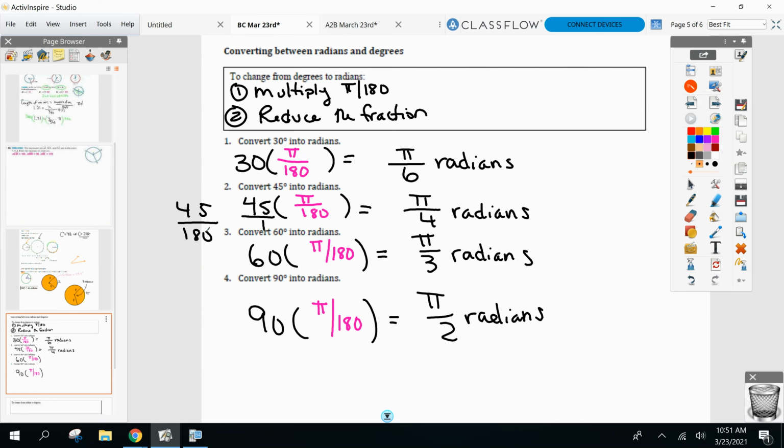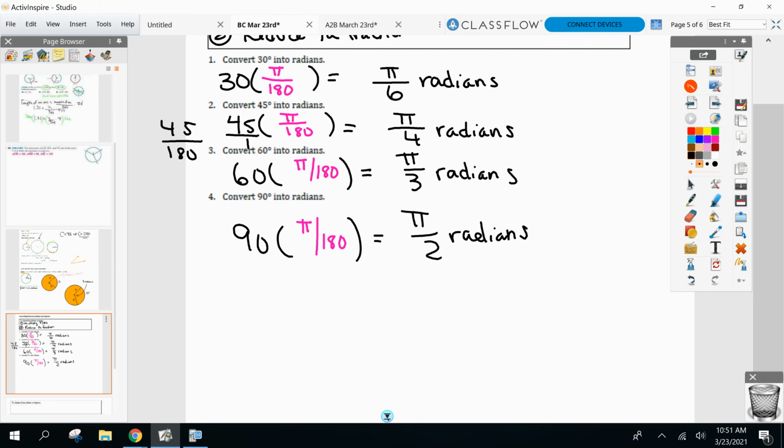Radhika? How would you solve it if it was like 2 pi? Okay, you want me to add in a number 5 here? Yep. Let's say 135 degrees now. All right, so I'd still do 135 times pi over 180.